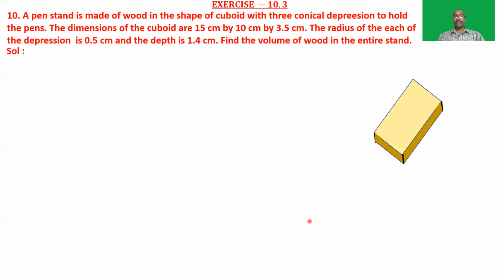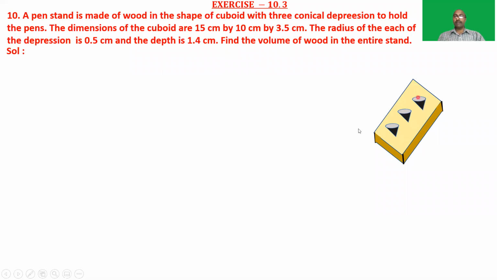Okay, so here we have a wooden cuboid and 3 conical depressions are made to hold the pens. Now this is the pen stand. Here the dimensions of the cuboid are 15 centimeters, 10 centimeters and 3.5 centimeters.